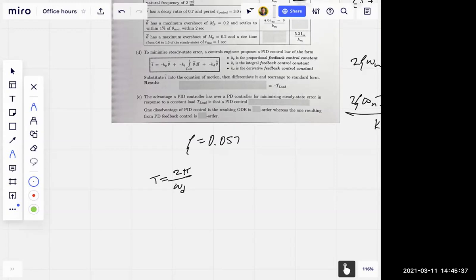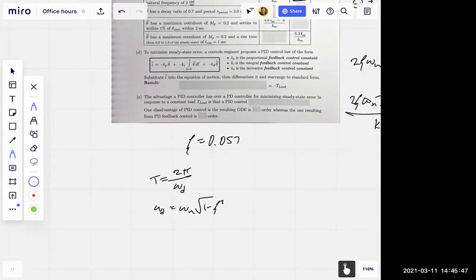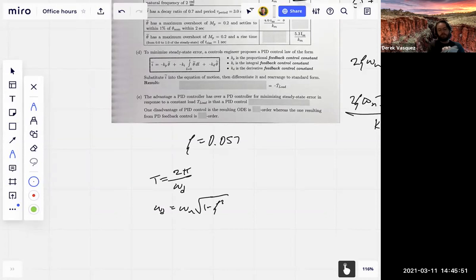Omega d equals omega n times the square root of 1 minus zeta squared. That's right. Okay. Does anyone have a calculator on them? Let's see here. Go ahead and pull out a calculator.